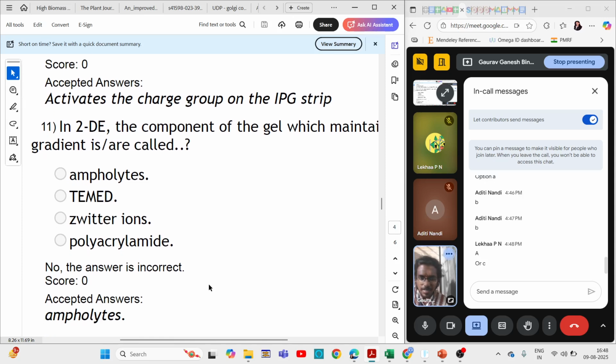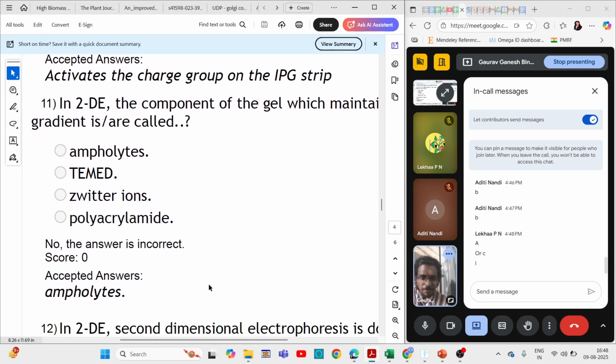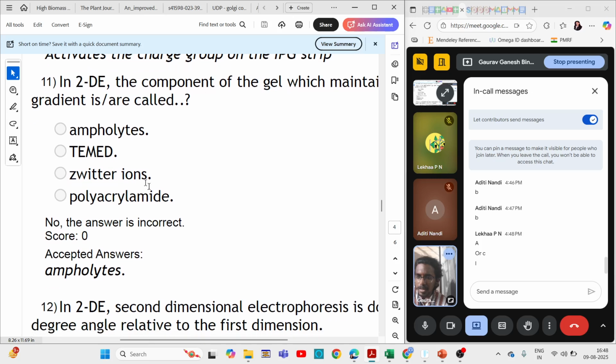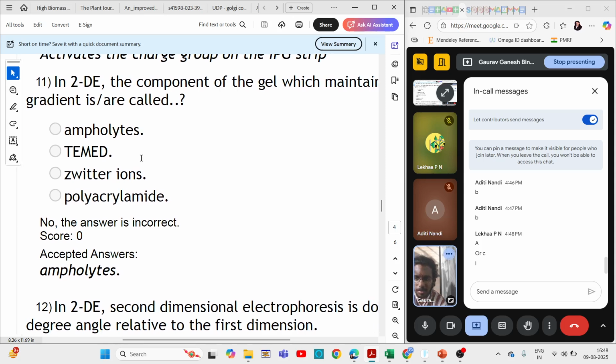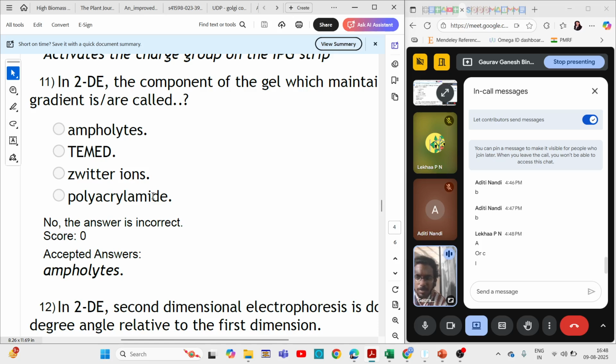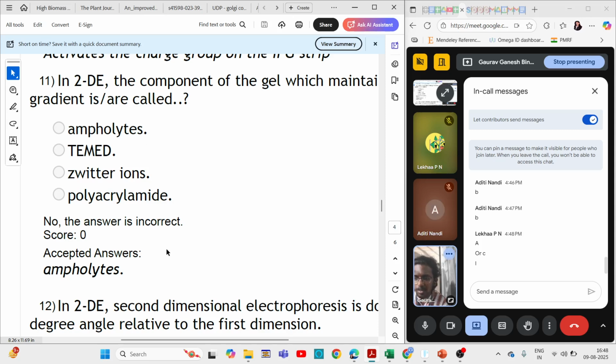It's ampholytes. TEMED is an initiator of cross-linking, so it is nothing related to pH gradient. Polyacrylamide is something which gets cross-linked. You need not get confused between A or C, as Lekha was confused, but the answer is ampholytes.